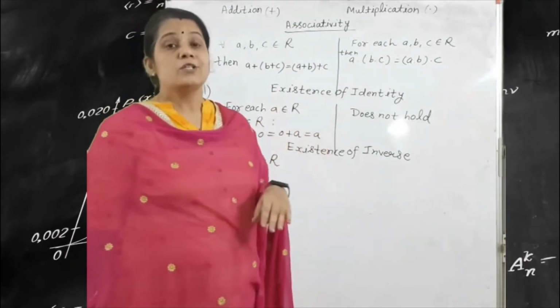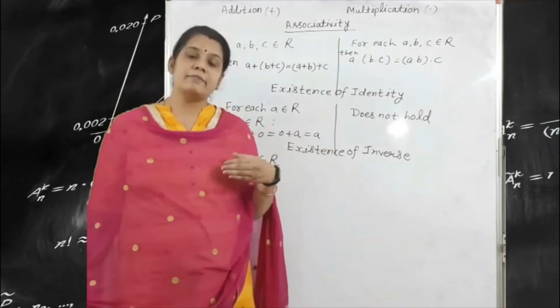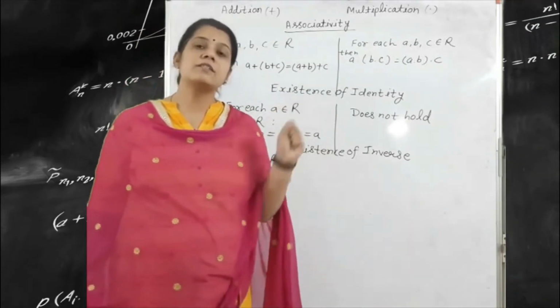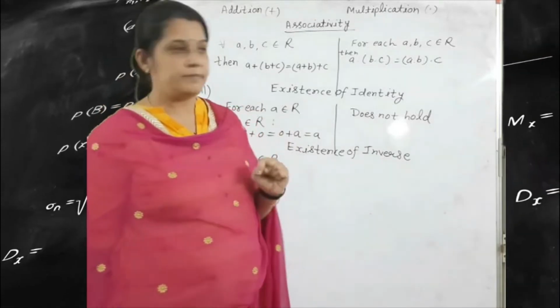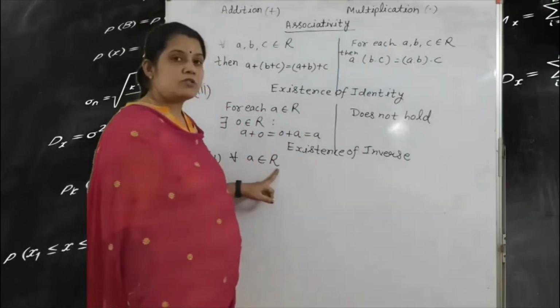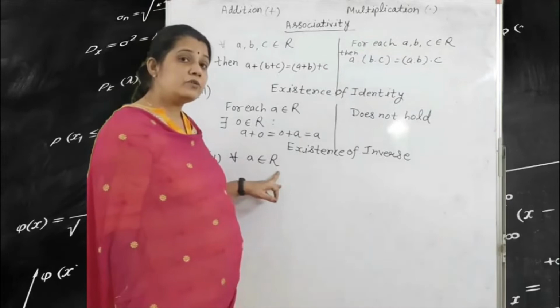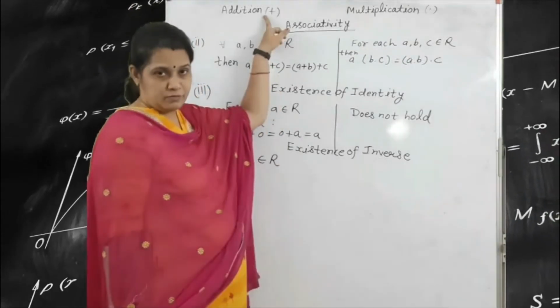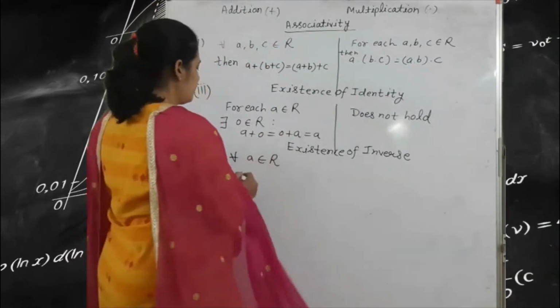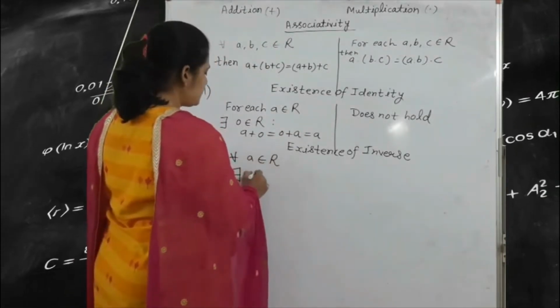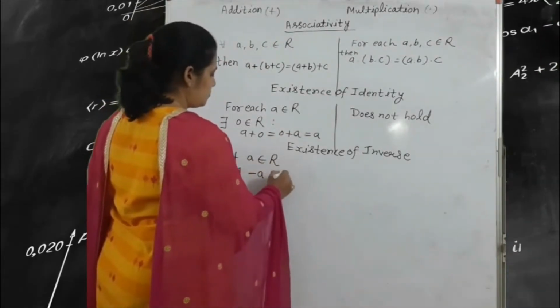So A is an element, and if we use the inverse of that element, we get the identity element. Okay, that means A belongs to R. So according to addition, what is the inverse of A? The inverse of A is minus A belongs to R.